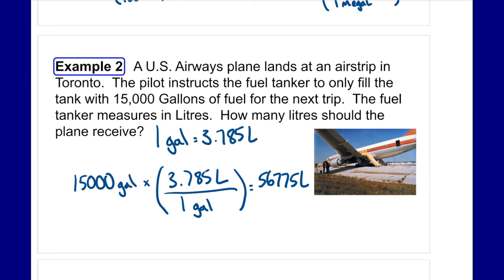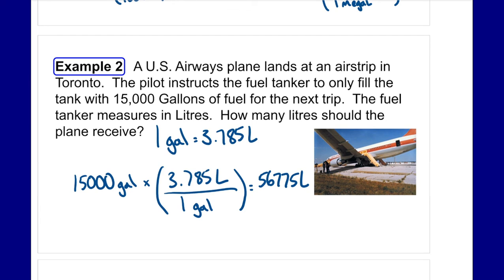Now this might seem like a very straightforward calculation, but an error in calculations did happen on an Air Canada flight a while back, I believe in the 1980s or so. You can see the picture here.